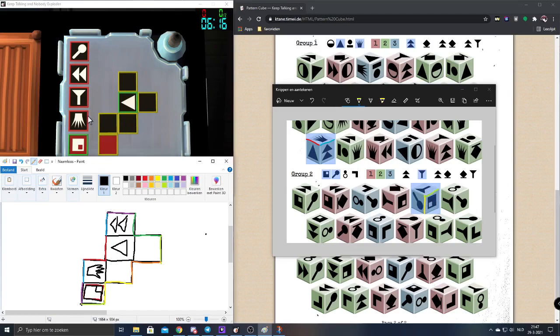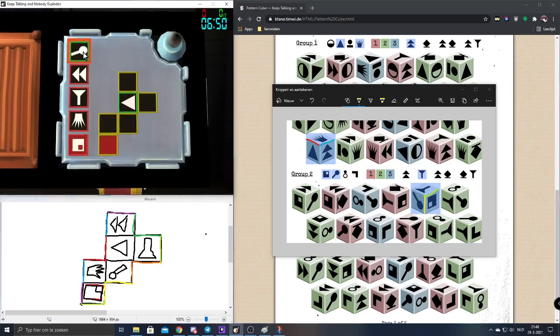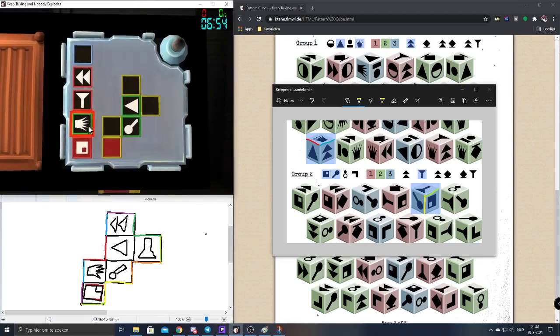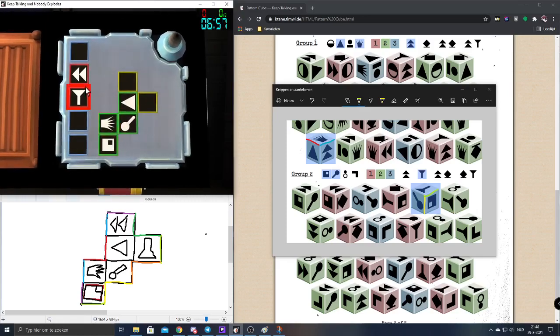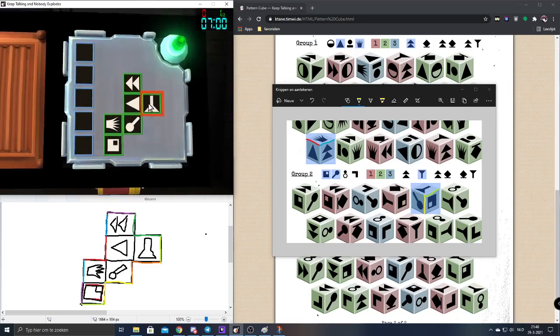The right side of the funnel is lime, so the right side of the funnel here is lime. Now, the circle on a stick is pointing to the yellow side in the same corner as the square. So this is a corner of the yellow side of the square. So this is pointing to the same corner. And now we have all of the symbols filled in. So we can just solve the module like that by putting all of these symbols in.